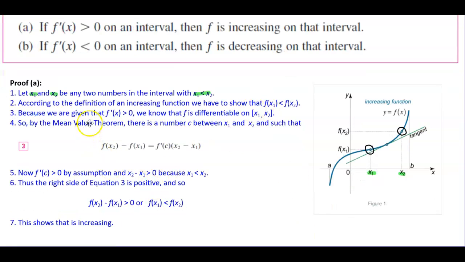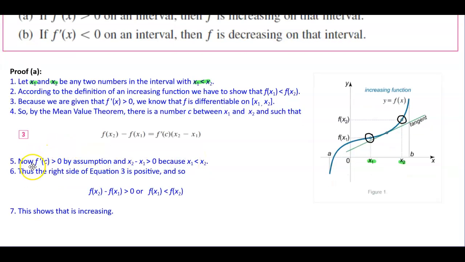Because we are given that f prime of x in part A is greater than 0, we know that the function f is differentiable on the interval between x1 and x2. So by the mean value theorem, there is a number c between x1 and x2 such that f of x2 minus f of x1 is equal to f prime of c times x2 minus x1.